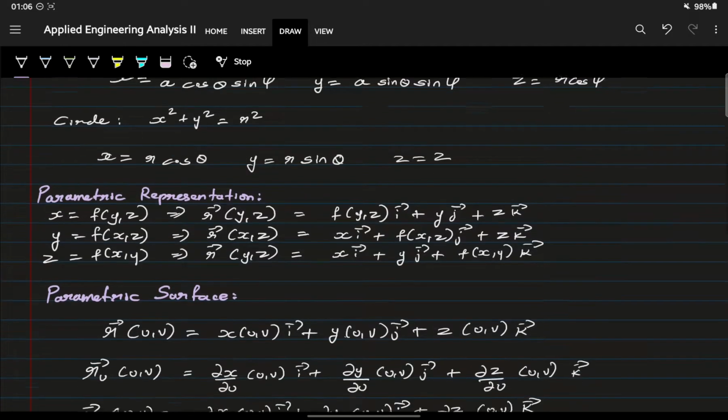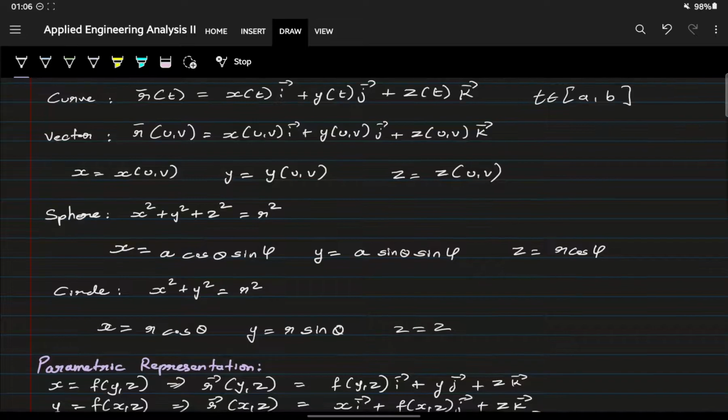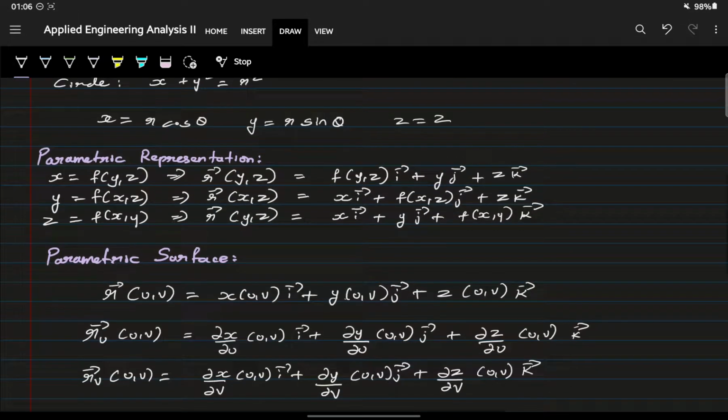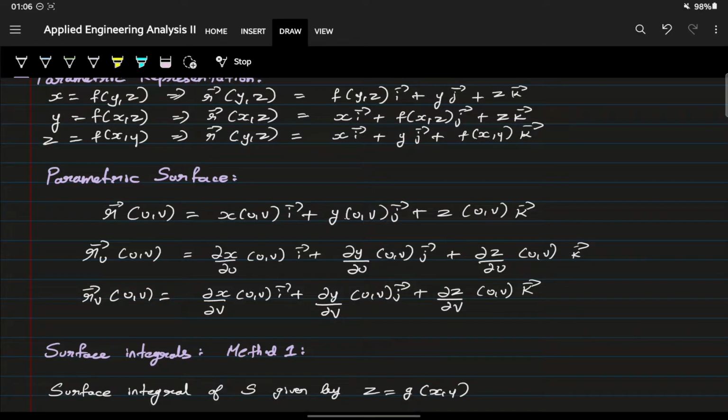Once we have this equation and plug it in, we have the values of r(u,v), the position vector x(u,v), y, and z. To get the individual forms with respect to u and v, we take the partial derivatives of the entire equation with respect to u for each term x, y, and z.